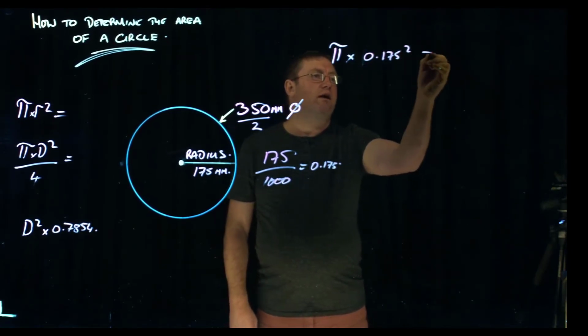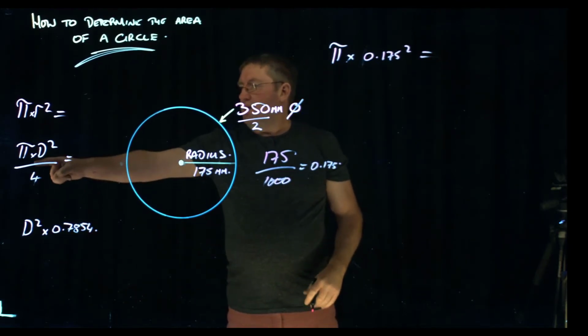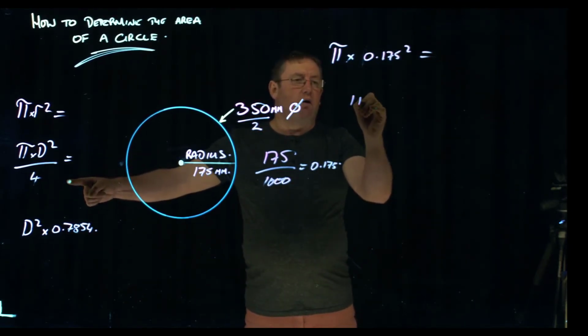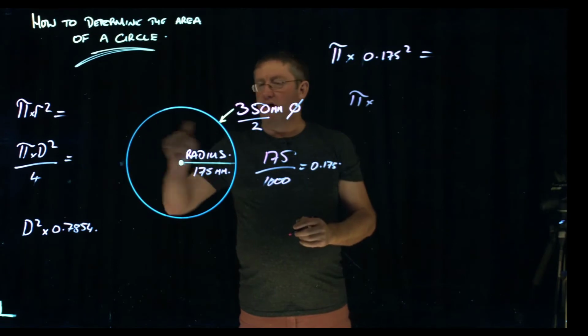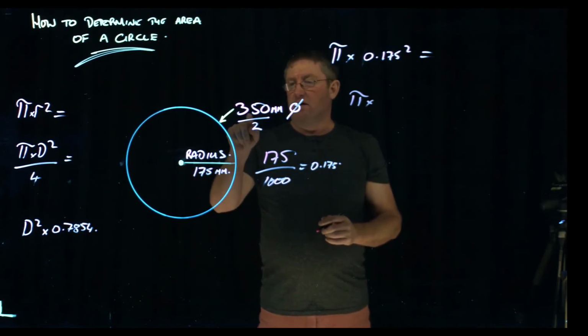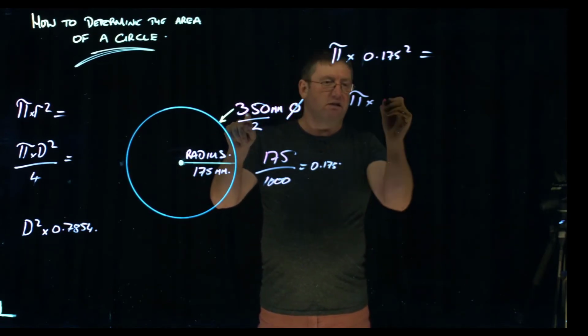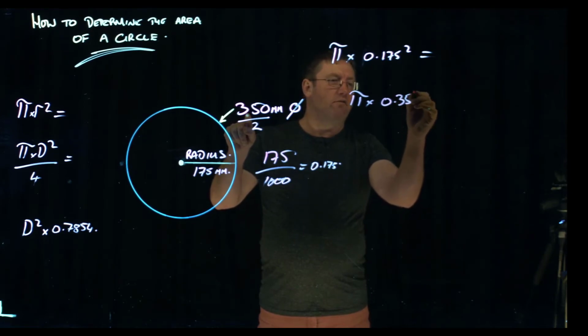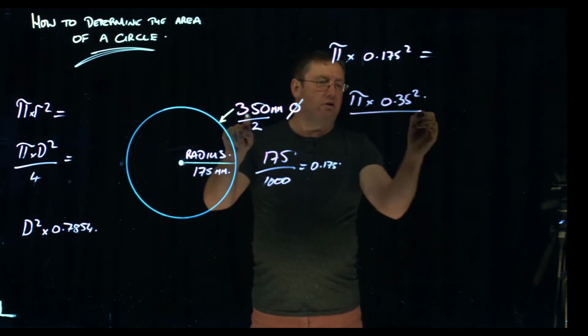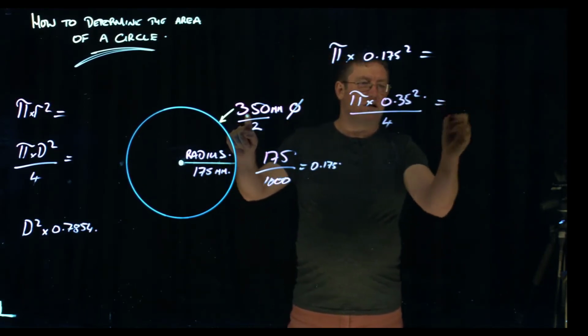0.175 squared equals. The next one here, we've got pi times the diameter squared. Diameter being 350 divided by 1000 is 0.35, squared, and divide it by 4, and that will give us an answer.